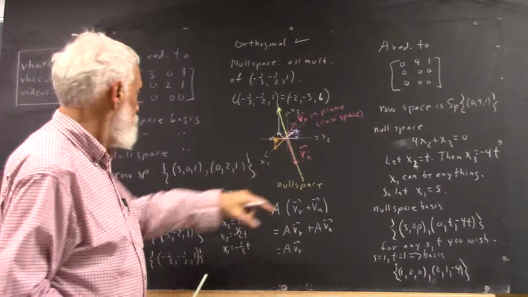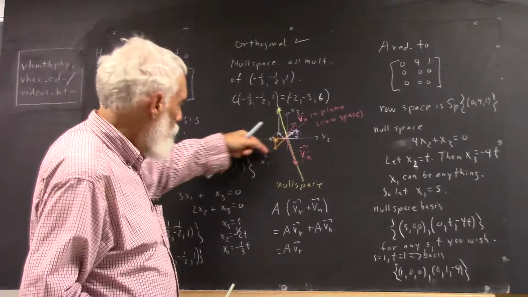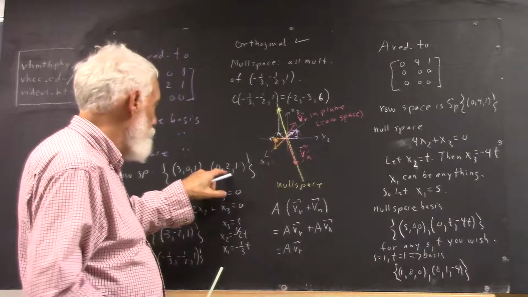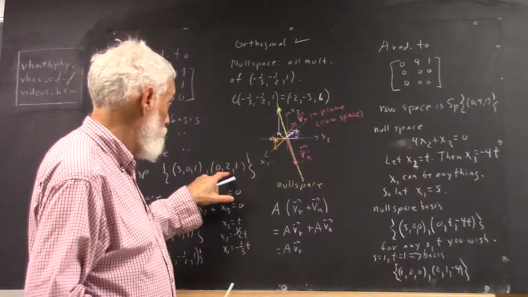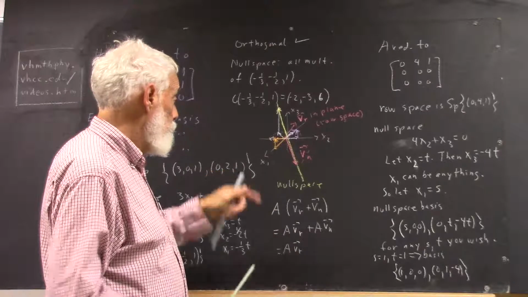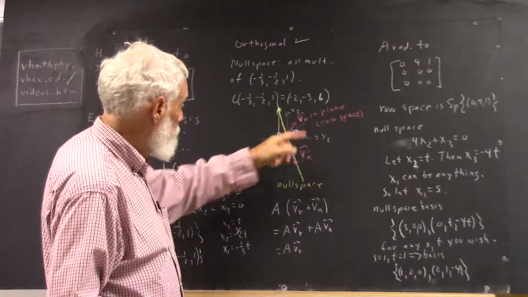In purple, I've depicted the 0, 2, 1 vector. Okay, we go nowhere in the x1 direction, 2 units in the x2 or y direction, depending what you want to call it, and 1 unit in the z direction. So basically we come over 2 and up 1. There's our purple vector.